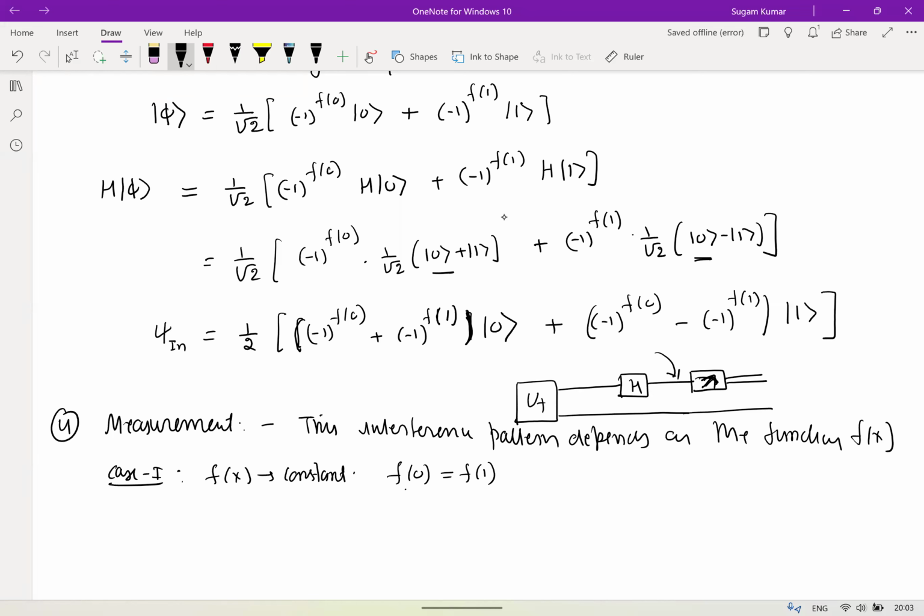So the output, what you will get now, after the measurement, this is going to become 1/2. Both are equal, so this becomes 2 times (-1)^f(0), and this other term becomes 0 completely.